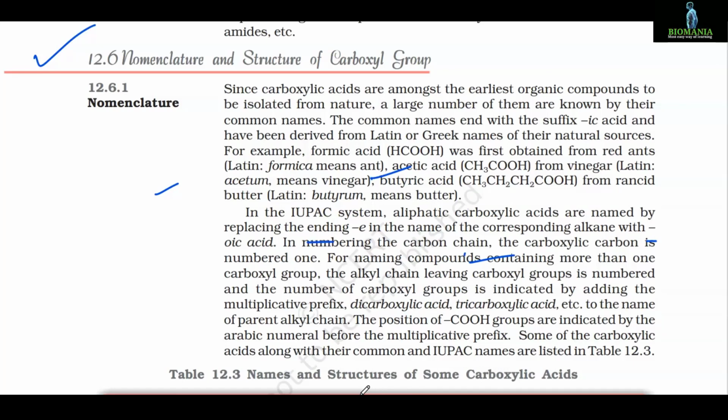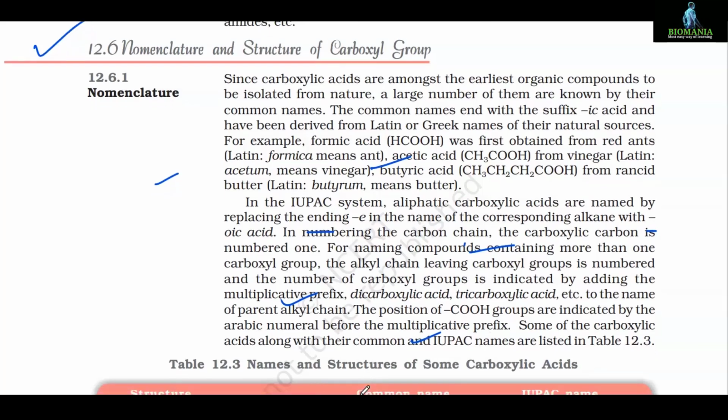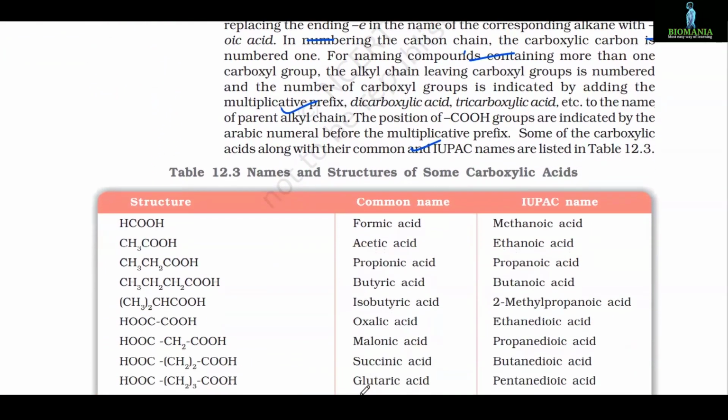For naming compounds containing more than one carboxylic group, the alkyl chain leaving carboxyl groups is numbered and the number of carboxyl groups is indicated by adding the multiplicative prefix, dicarboxylic acid, tricarboxylic acid, etc., to the name of the parent alkyl chain. The positions of COOH groups are indicated by the Arabic numeral before the multiplicative prefix. Some of the carboxylic acids along with their common and IUPAC names are listed in Table 12.3.